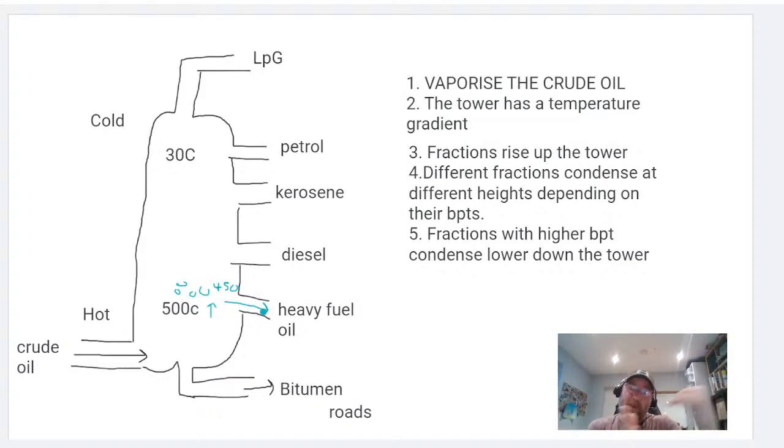The forces reform, it condenses and comes off. So essentially, higher boiling points turn back to liquid first because they're more stable as liquids. Things that are smaller molecules are more stable as gases, and to get them to be a liquid, they don't need a lot of energy to become a gas, basically.